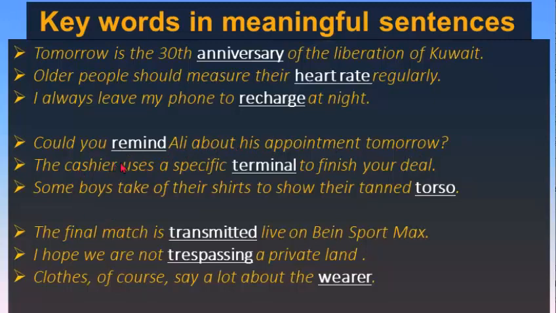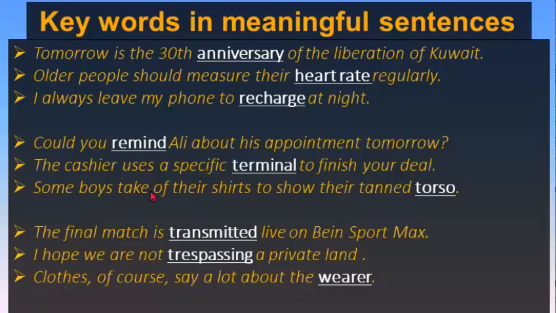The cashier uses a specific terminal to finish your deal. If you are paying for your things at the cashier, he is using a terminal. A terminal is a device which is used to enter data for a computer.